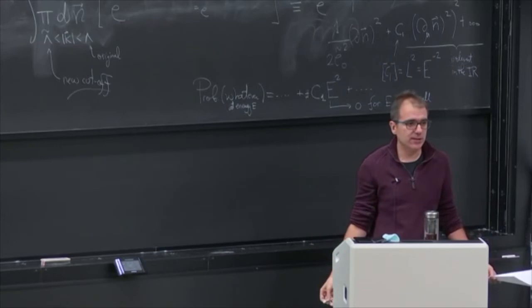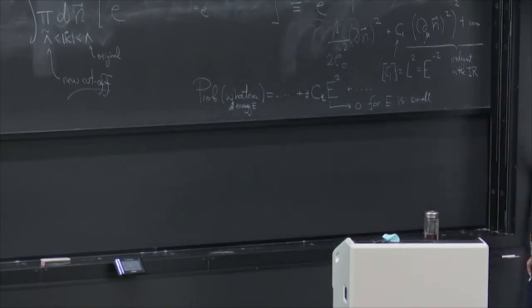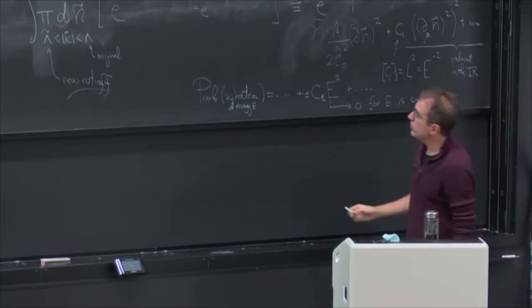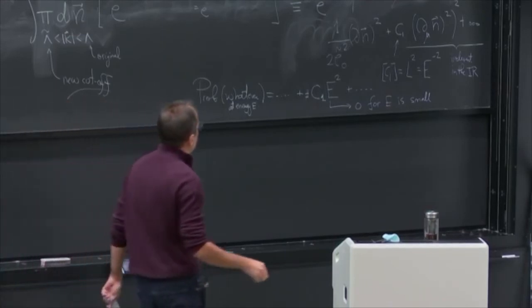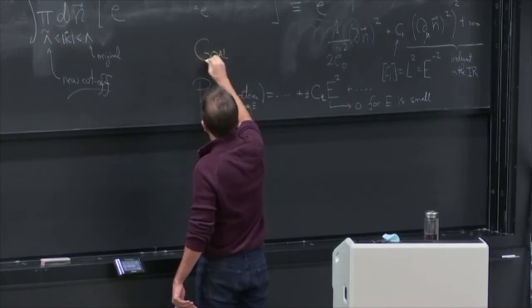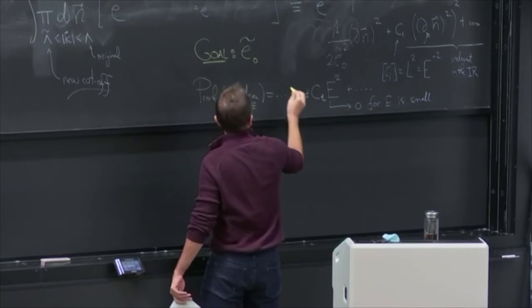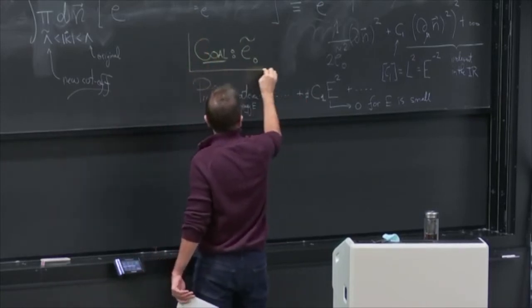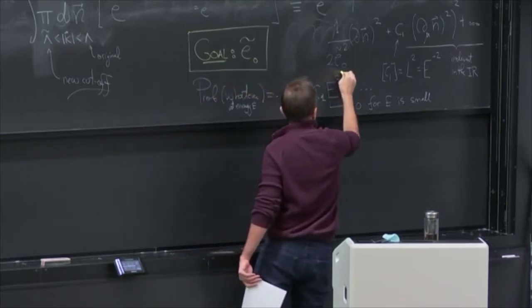Of course, we don't, because they are irrelevant. At low energy, it doesn't matter. Okay, good. That's good news. And that means that what we really care about is the first term. So our goal is to study this e0 tilde. Our goal is really this guy here.